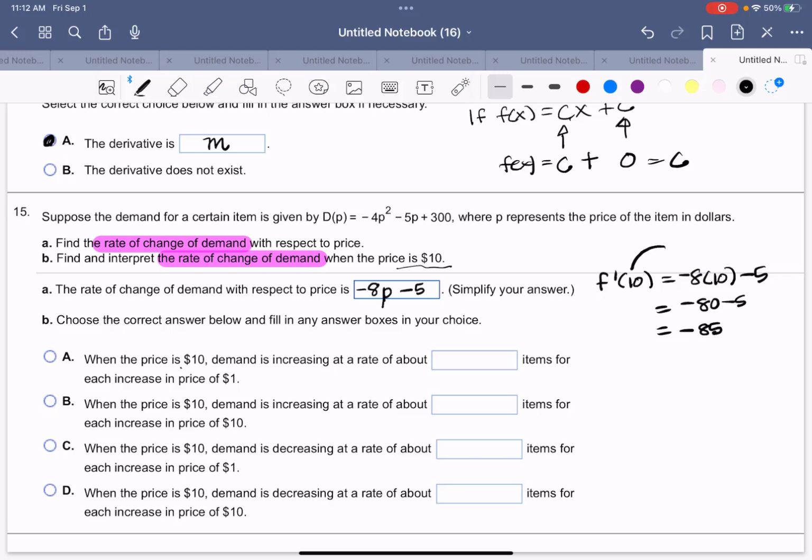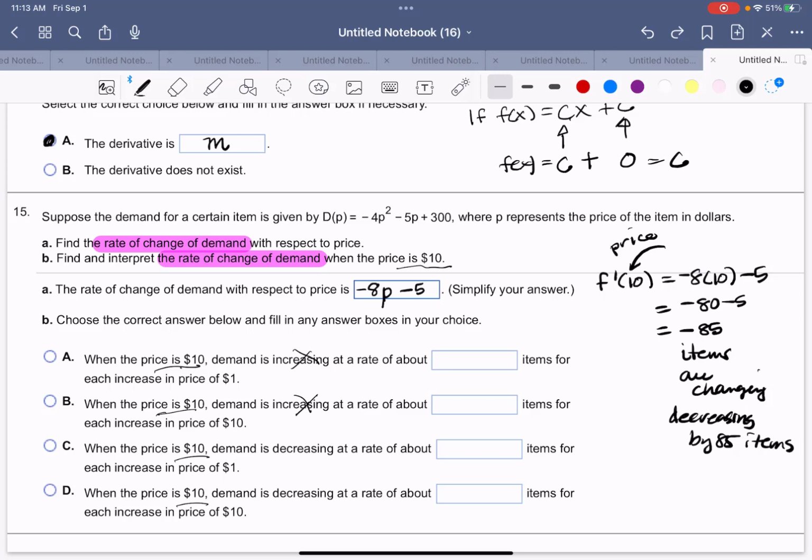Now remember, this is the price, and this is how the items are changing. And this time it's going down, or decreasing, by 85 items at the price of $10. So when the price is $10, is the demand increasing? No, it's not increasing.